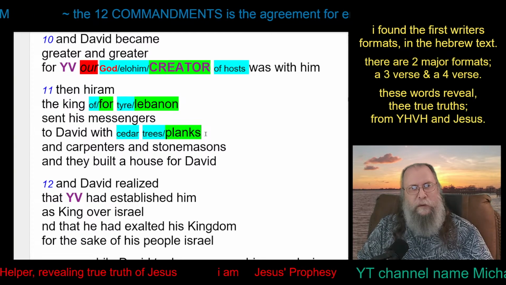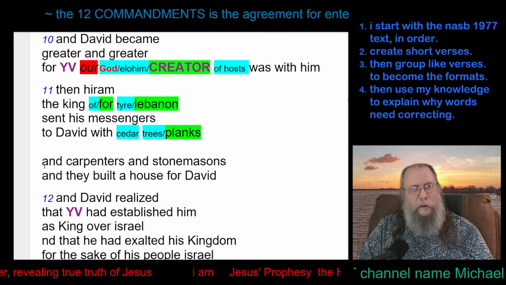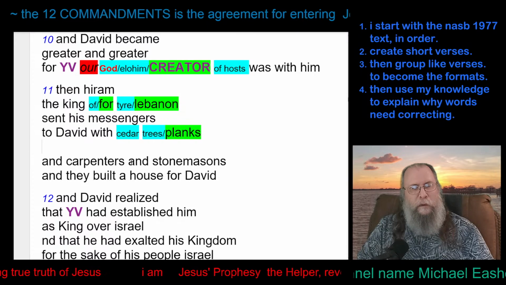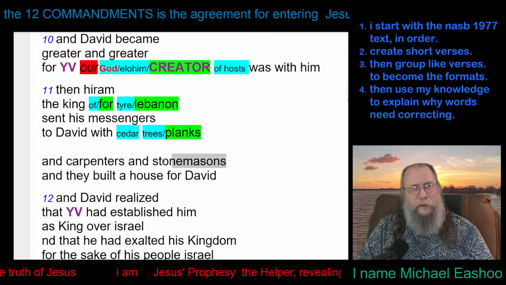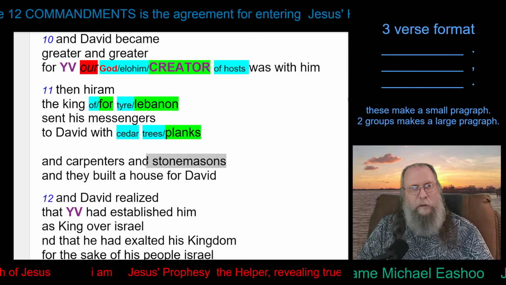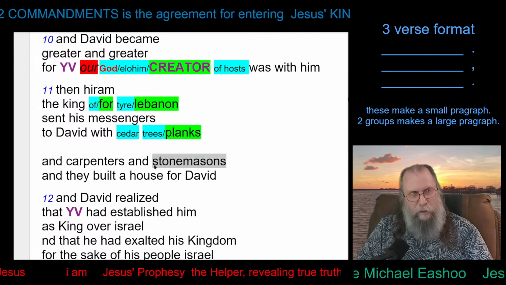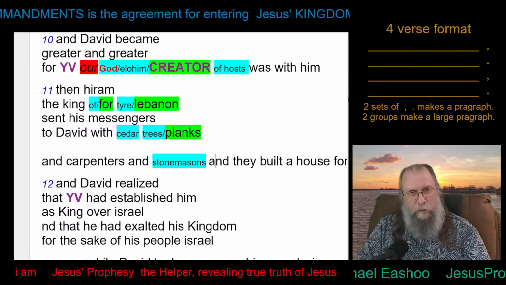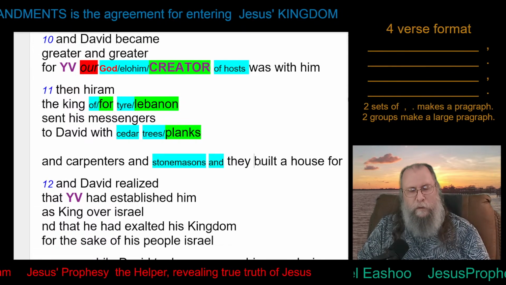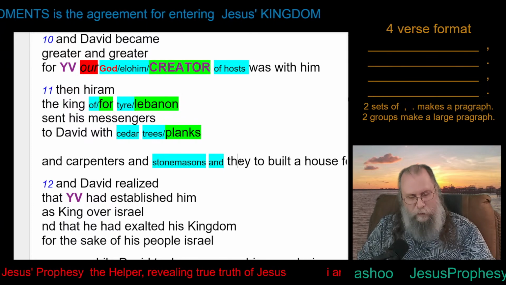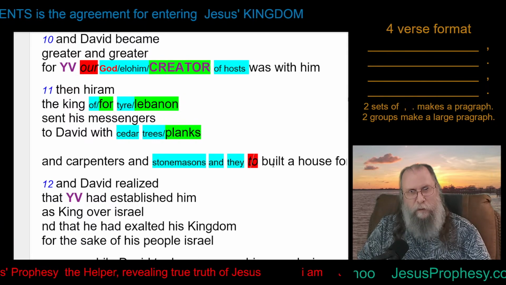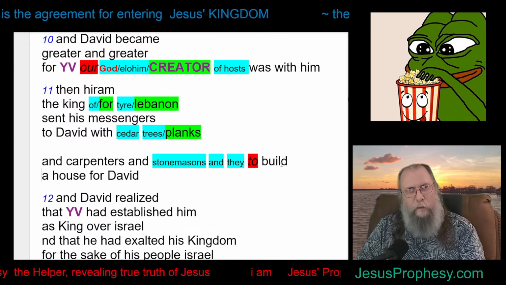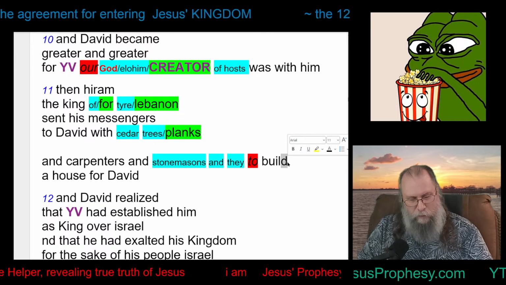So this, and carpenters, wouldn't need stonemasons. And they're going right now to build David a house.